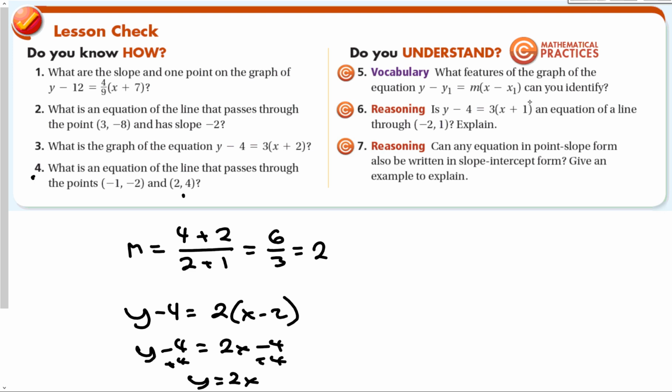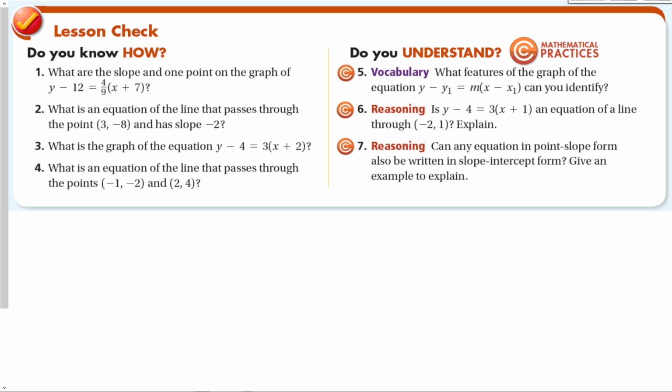Is y minus 4 equals 3 times x plus 1 an equation of a line through the point negative 2, 1? If I wanted to, I can check the hard way by graphing and seeing if it goes through that point, or I can plug in the point and see if it works.